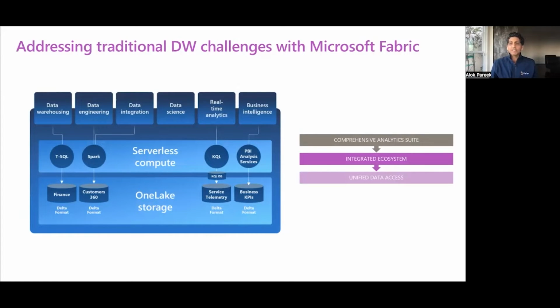The idea is that we want to have all of these addressed in an integrated ecosystem through a software as a service offering. And the idea is to, again, decouple the storage and the compute but at the same time offer a unified way to access all of your data, so that multiple workloads could take advantage of it.